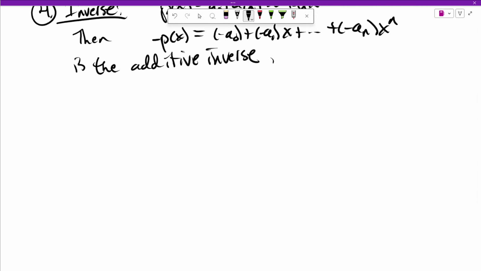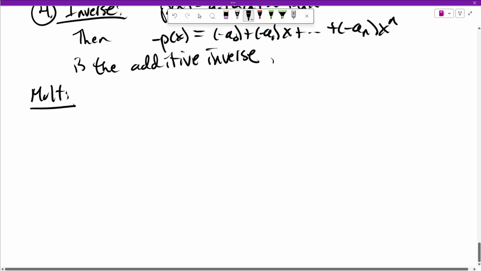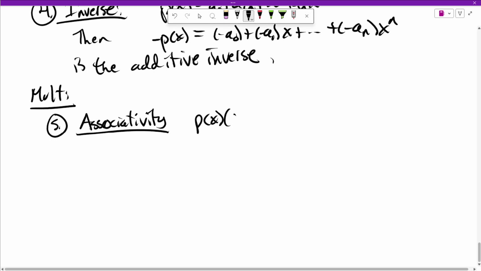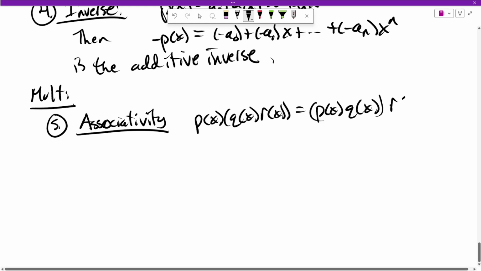All right, so let's look at our multiplicative properties, and this is where things change a little bit. This is what we were calling 5 through 8 in the field axioms. So 5 was associativity. Associativity would tell us that P of x times Q of x times R of x is the same as P of x times Q of x and then times R of x.